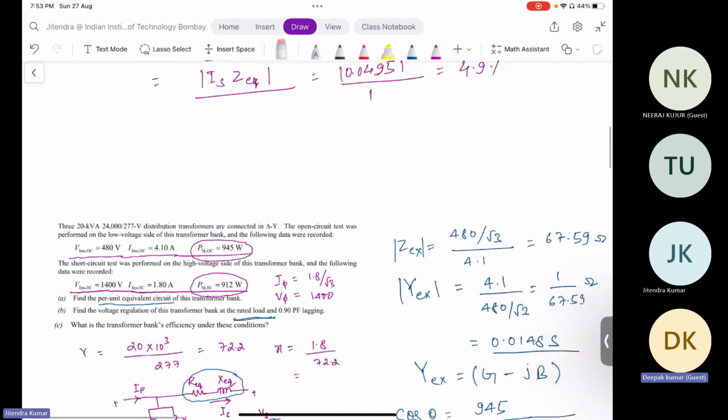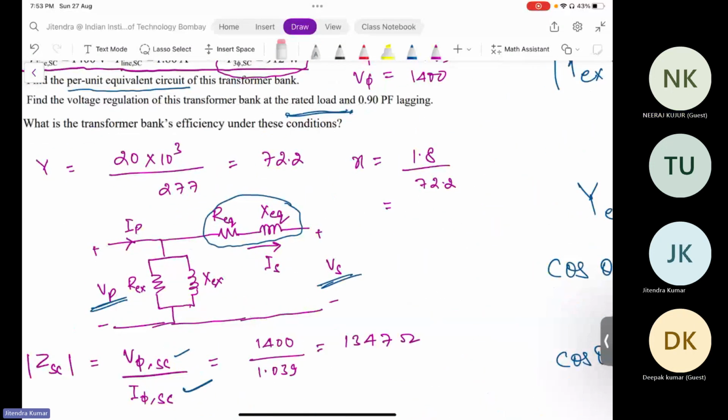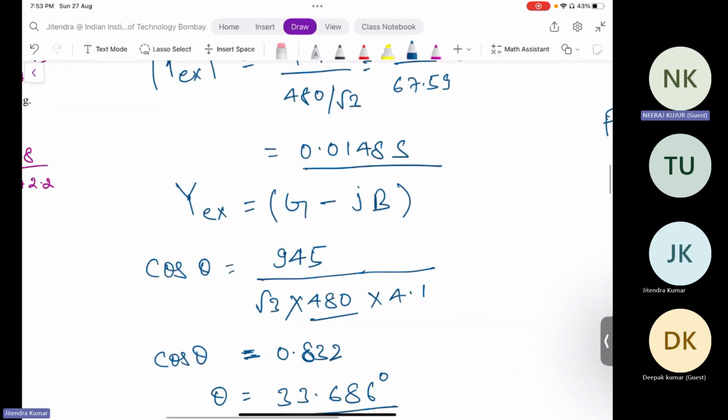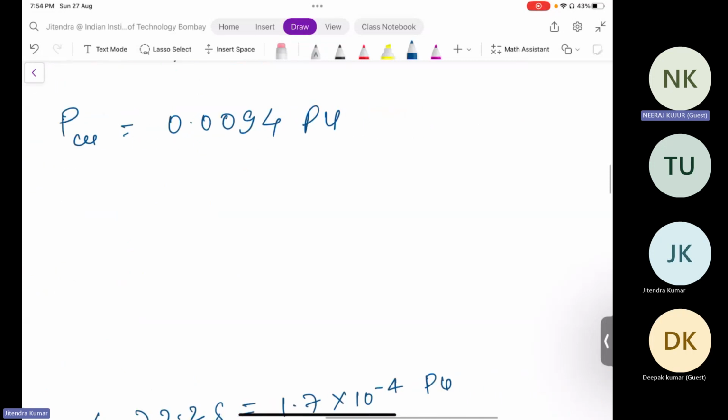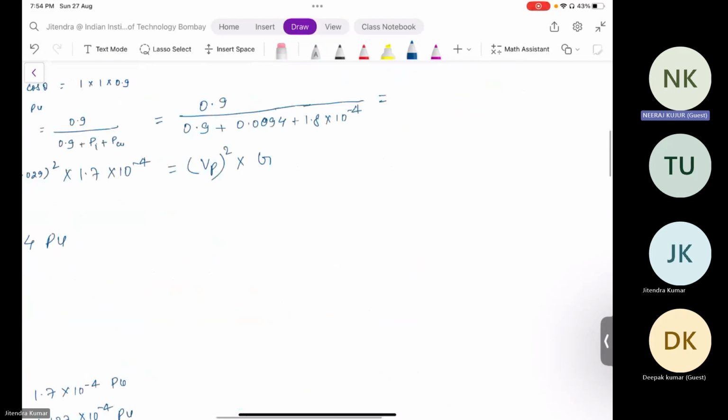If you see this equivalent circuit here, whatever loss occurs across this resistance will be core loss, and the loss across this resistance will be copper loss. So that's what we are writing here. We just need those values. So the efficiency is 98.9%.